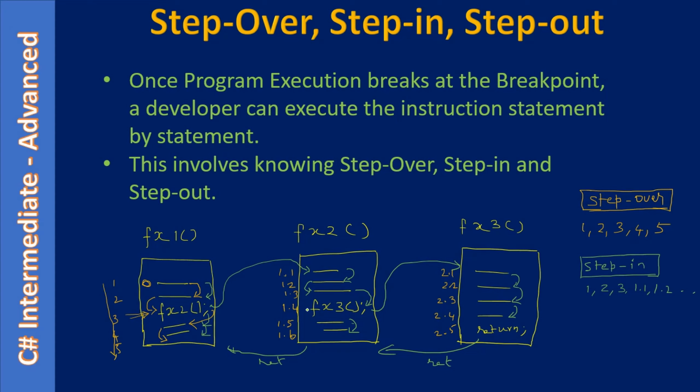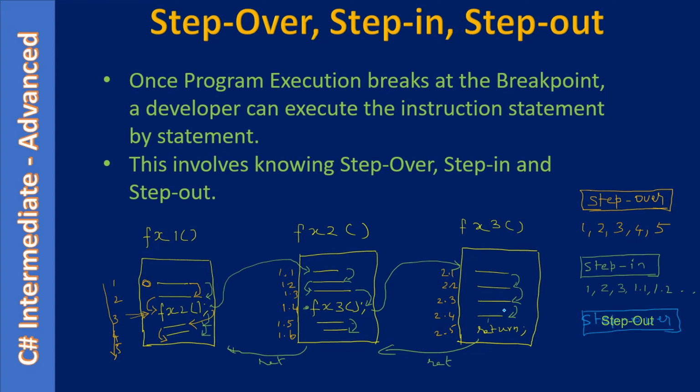Let's say you are at fx3 here, and when you opt for step over, it will execute all the code in fx3 and step over the fx3 function. That's why we call it step over. It will step over all the statements in fx3 and reach the next line. But if you opt for step in, it will move into the called function, and then we can start executing it one by one.